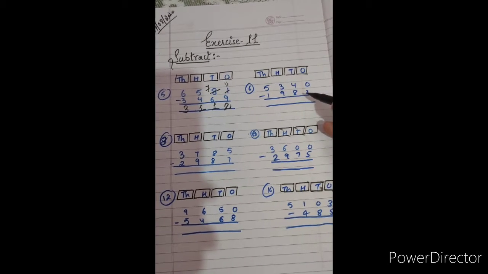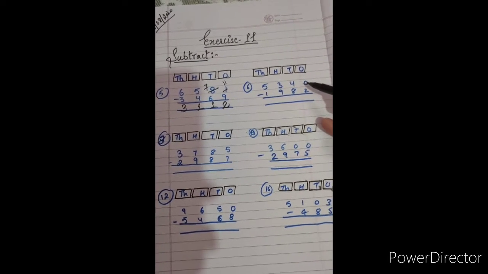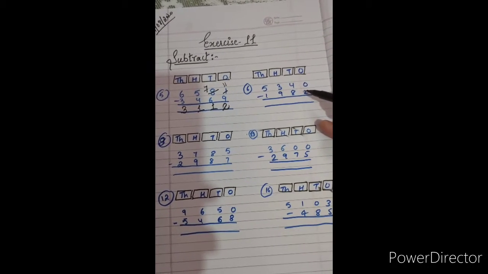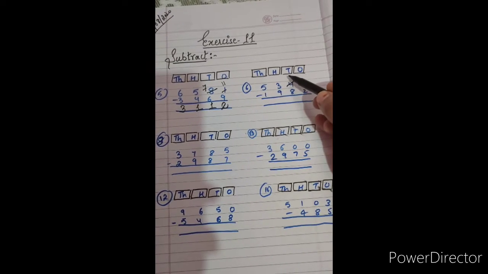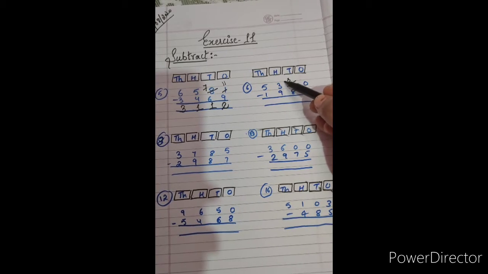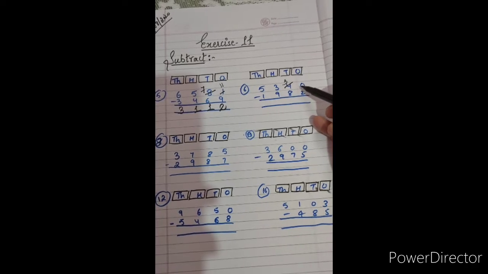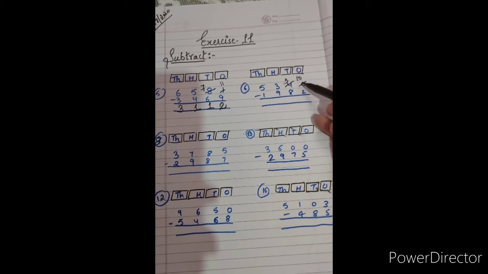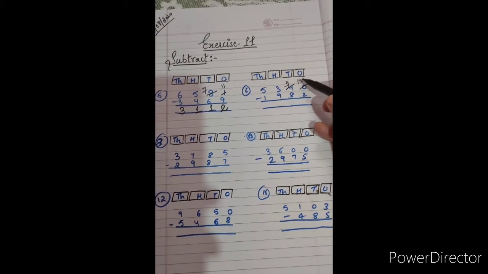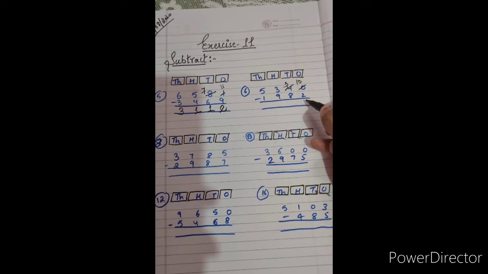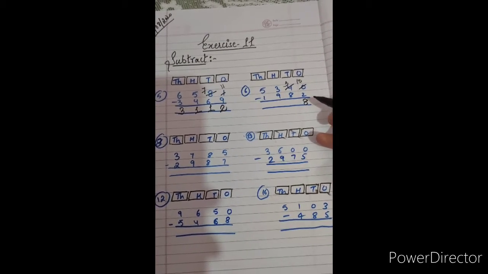Now we want to subtract 2 from 0, but it is not possible because 2 is greater than 0. So from the tens column we borrow 10, leaving behind 3 tens, and in ones position 10 plus 0 ones becomes 10 ones. So now we want to subtract 2 from 10. So 10 minus 2 is 8. So write 8 under the ones column, right?